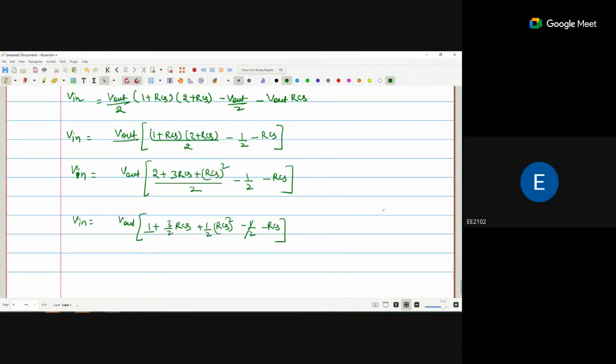So 1 by 2 and 1 by 2 is 1 by 2, and 3 by 2 minus 1 is also 1 by 2. Both will cancel out. So it is V out by 2, (1 plus RCS plus RCS square). So V out by V in is 2 upon 1 plus RCS plus RCS square.